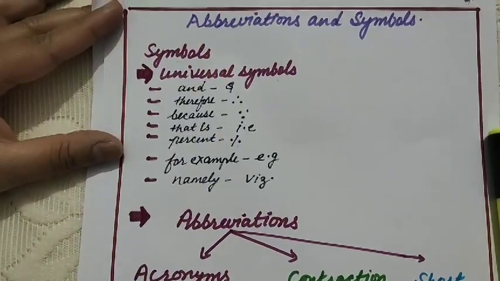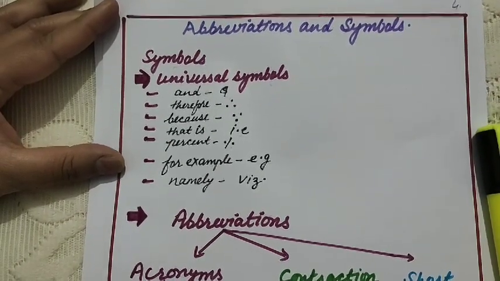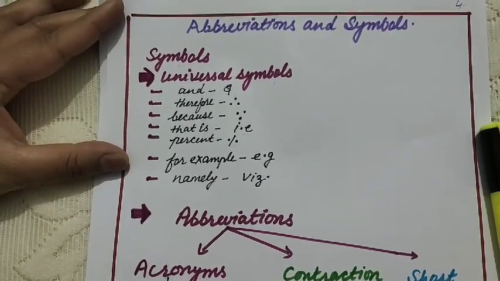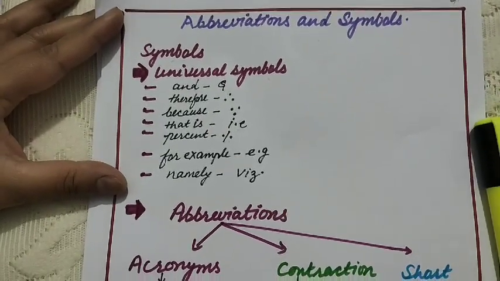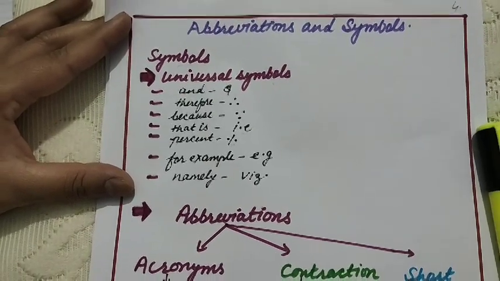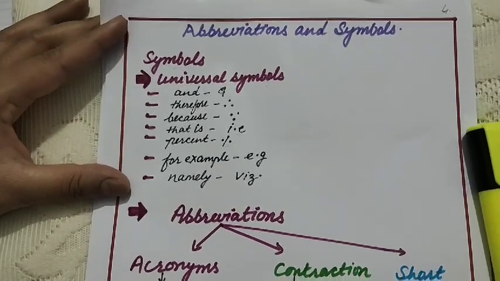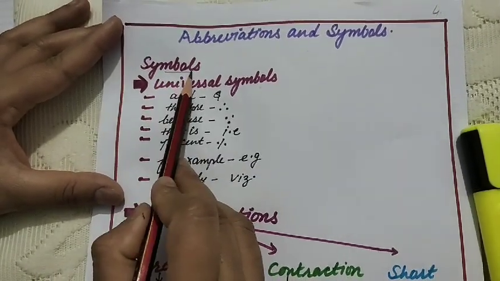Now the next thing which is used in note making is abbreviations and symbols. Abbreviations are used for precision and are quite helpful in note making. At least 4 abbreviations are to be used in note making. First part is symbols.